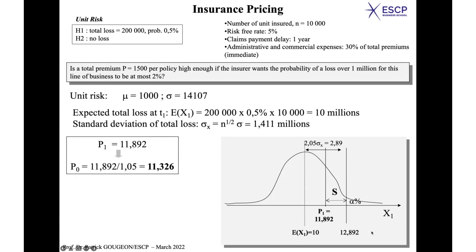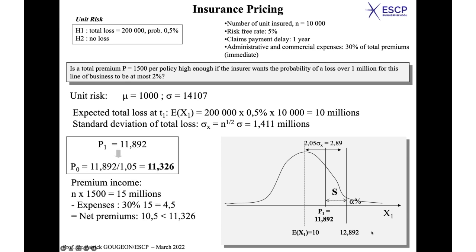So P0 is the discounted value at 5% of 11,892, okay? Over 1.05, we find 11,326, okay? So this is what we need, P0, to comply with our objectives.